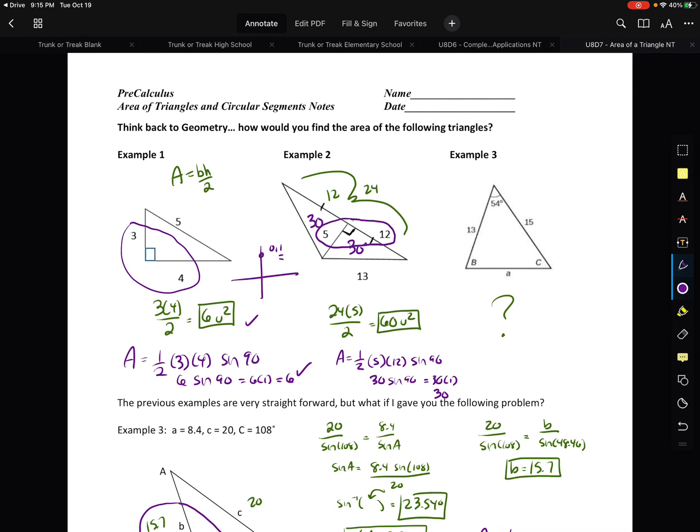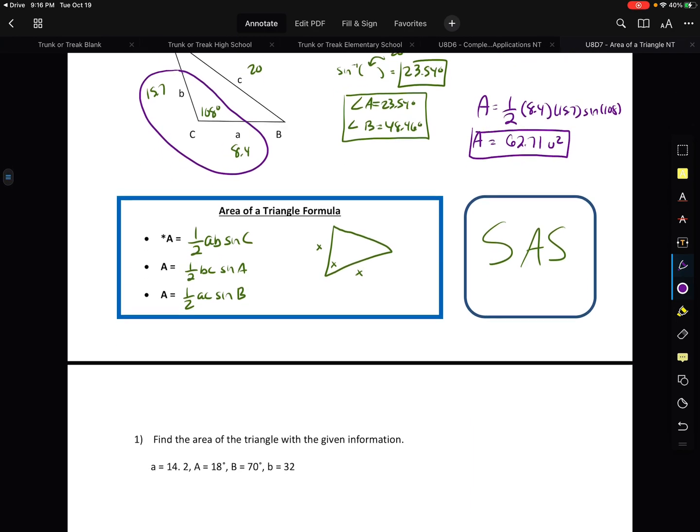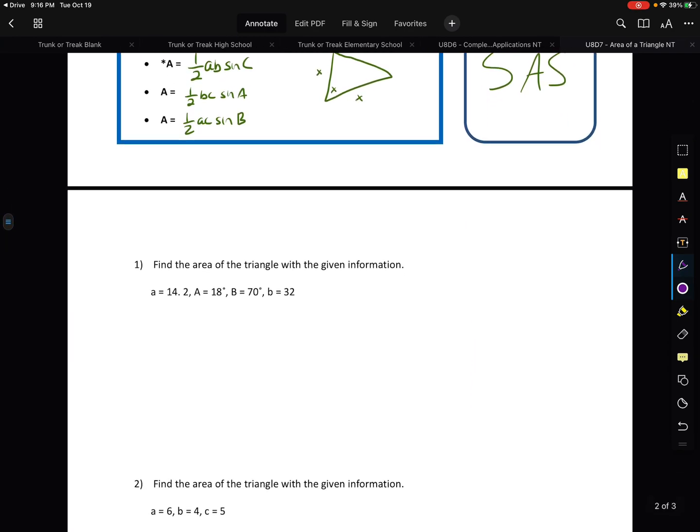This is our formula to find the area of a triangle without a right angle. Now we can do this one: 1/2 times 15 times 13 times sine of 54. If we type that in, 15 times 13 times 0.5 times sine 54, 78.88 units squared. Done. We're able to do it. New formula.